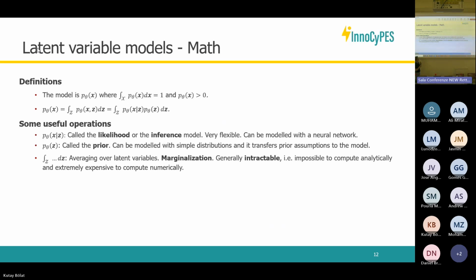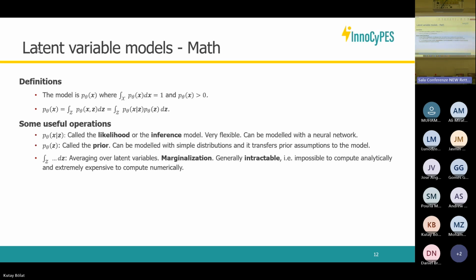That is a sort of regularization term. You can transfer some prior assumptions using the model, but in practice, since you're generally data agnostic in terms of model development, this is set to a standard normal distribution. I even use that.